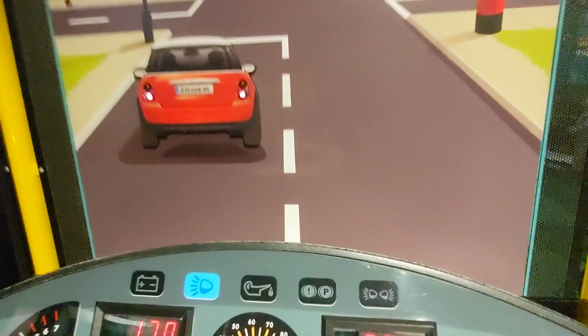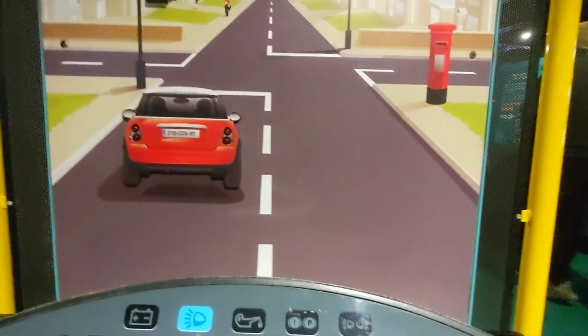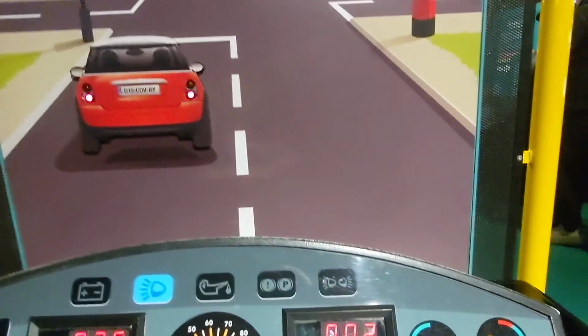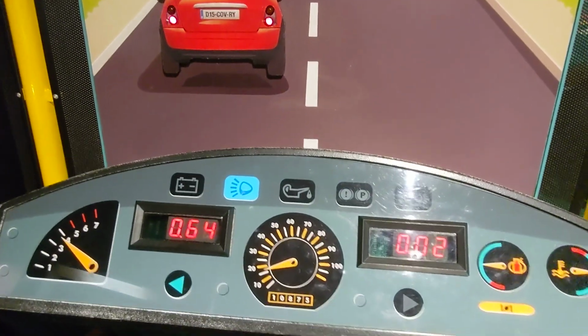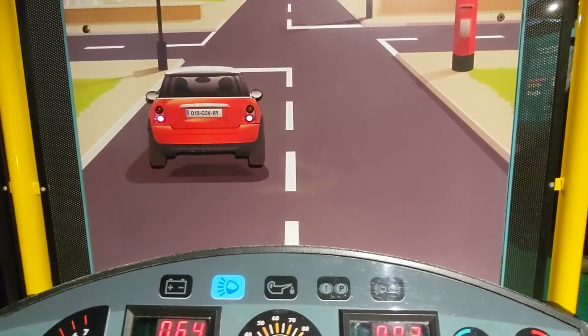This is the traffic lights, and if you start, if there's a red blinker, then you stop. So let's start.